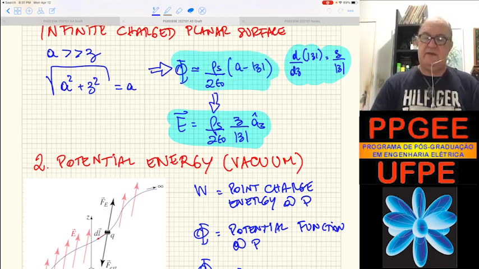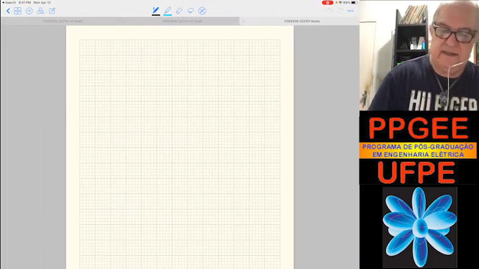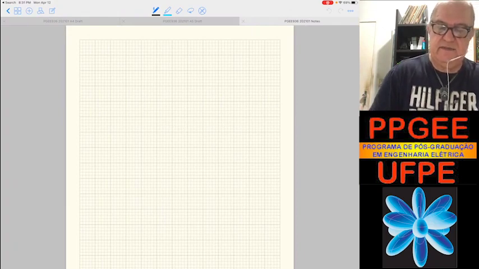Let's plot the function, okay? Potential function on the z-axis is a constant, right?